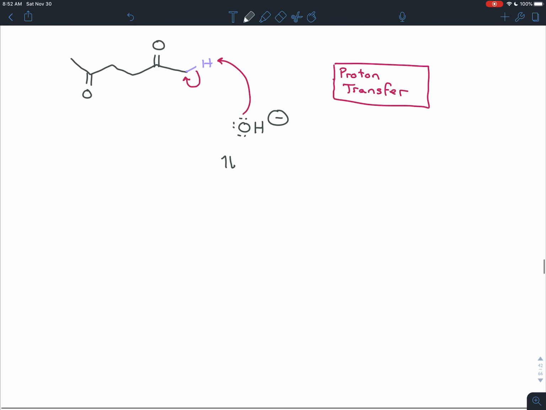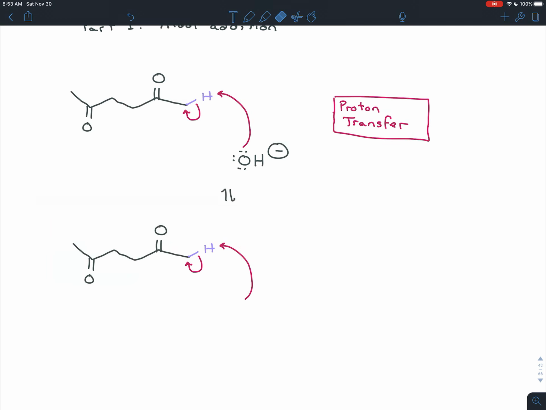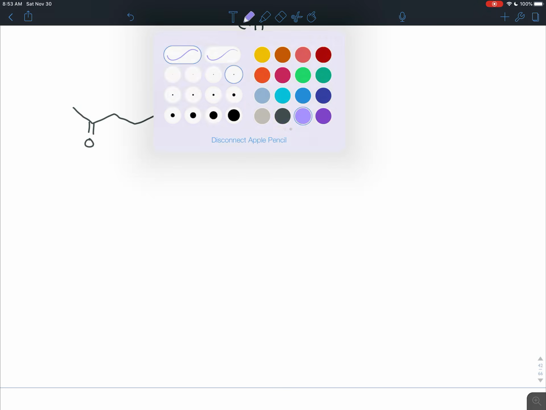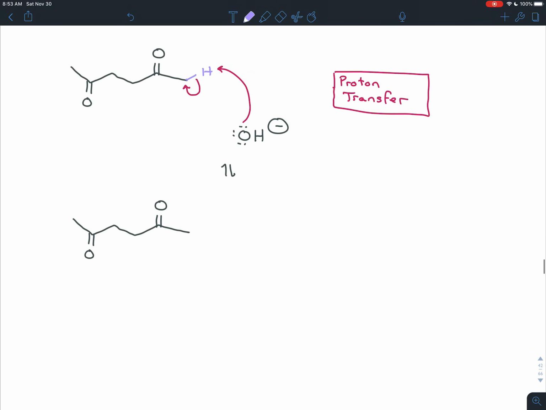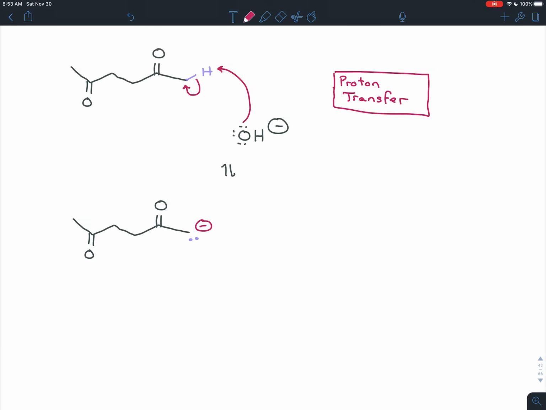Okay, so after that proton transfer, we have a nucleophile on that carbon. The electrons in that bond turn into a lone pair that can act as a nucleophile.